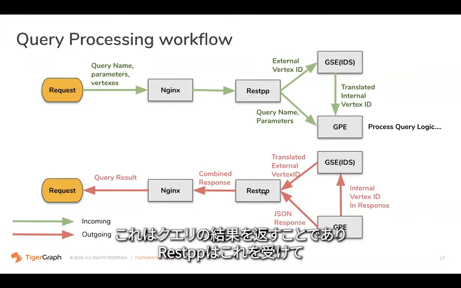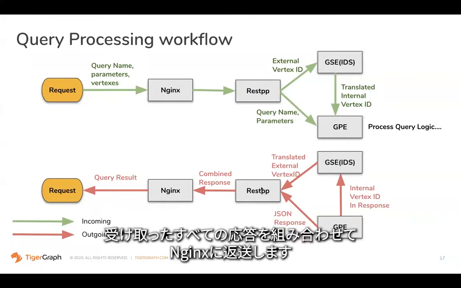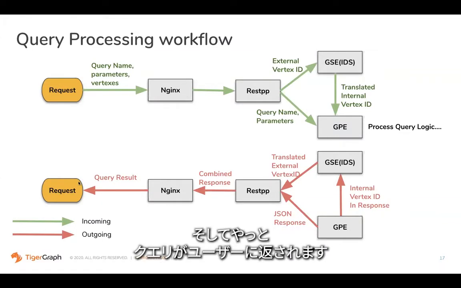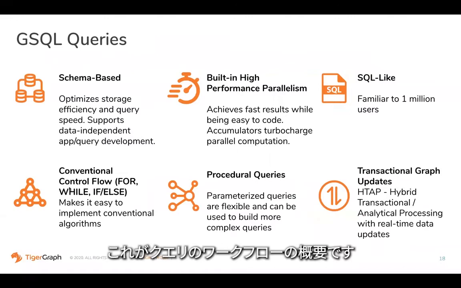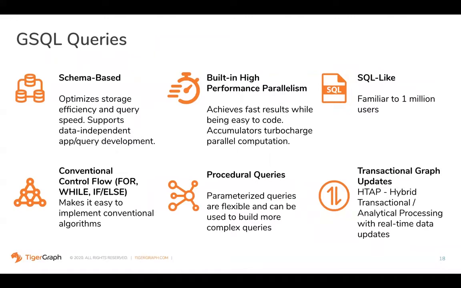RESTPP then combines the responses from all and sends it back to Nginx, and the query result is finally returned to the user. So that's the high level overview of how the query workflow occurs.